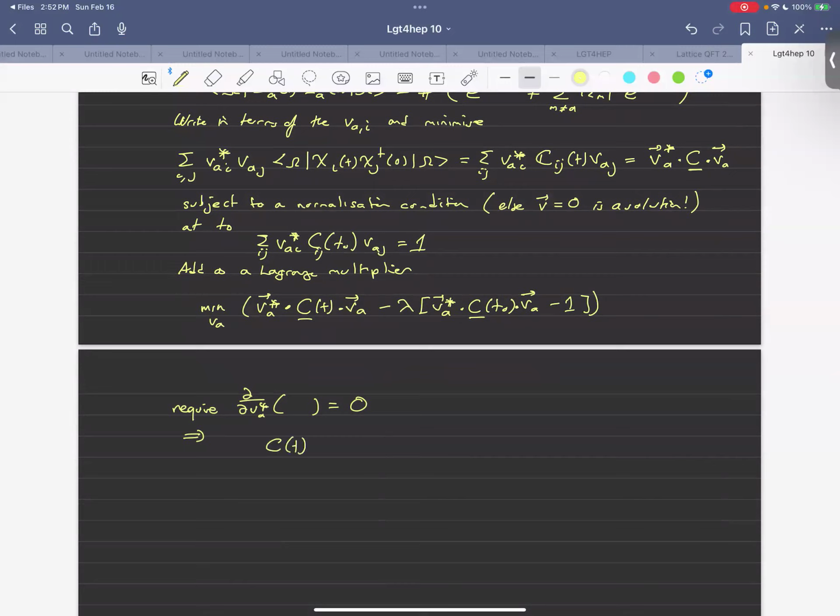C of t, writing it as a matrix, dot v_A equals lambda.